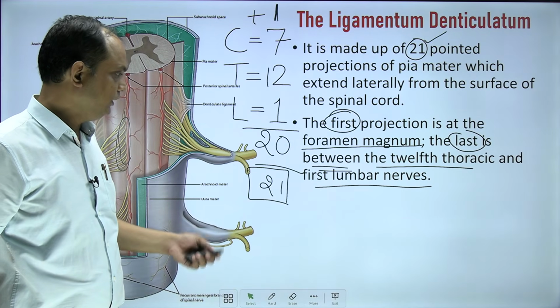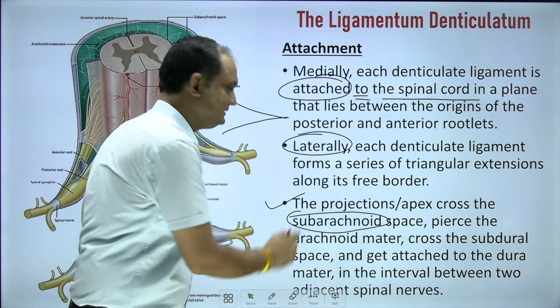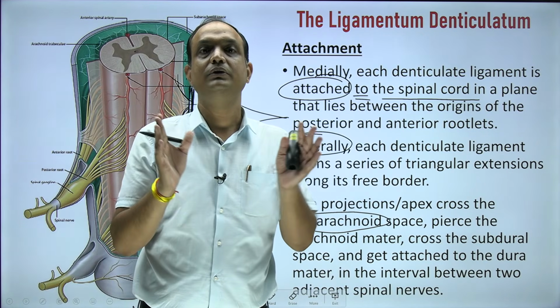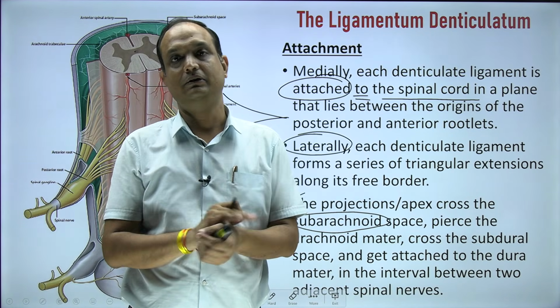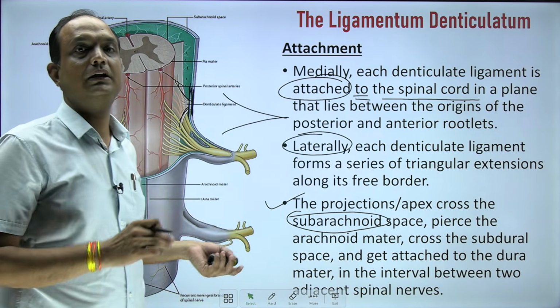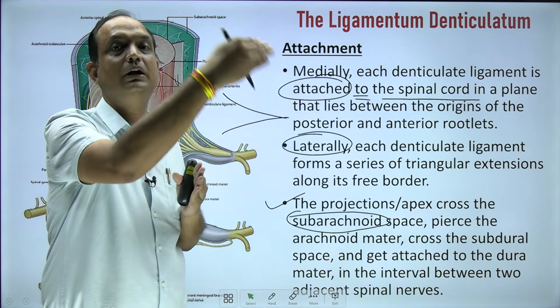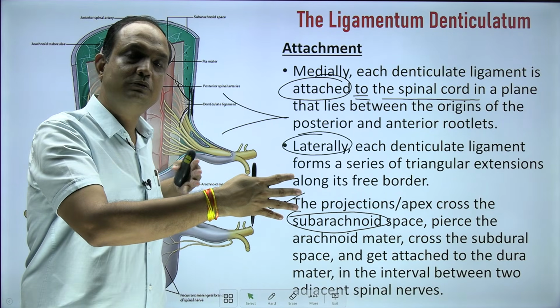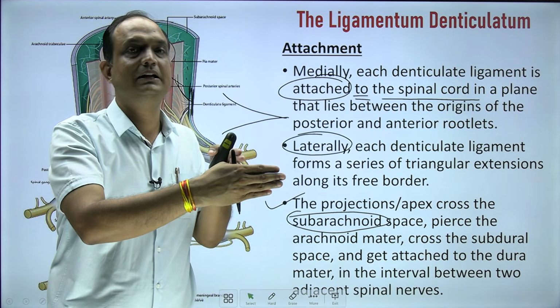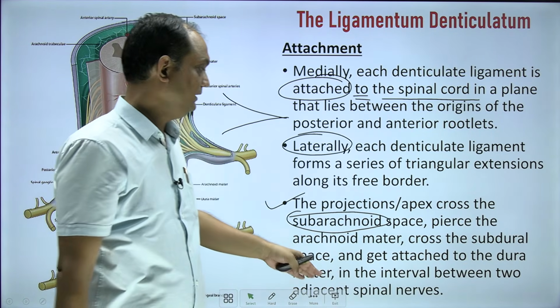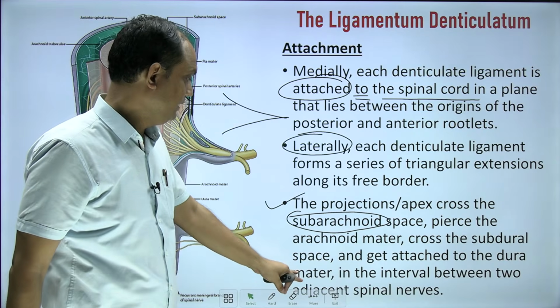This is what is important to understand, and it is asked so many times in your exam: which structure crosses the subarachnoid space? So the ligamentum denticulatum also crosses the subarachnoid space because it has to attach to the dura mater. It has to pass through the subarachnoid space, then puncture the arachnoid, then the subdural space, and ultimately it gets attached to the dura mater.